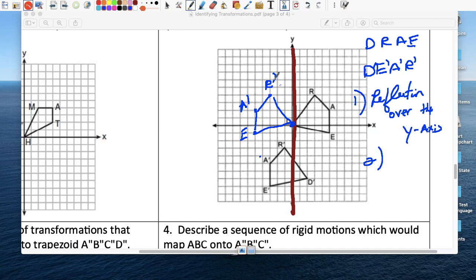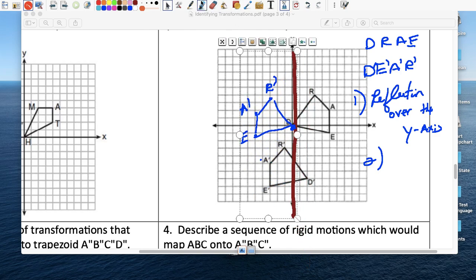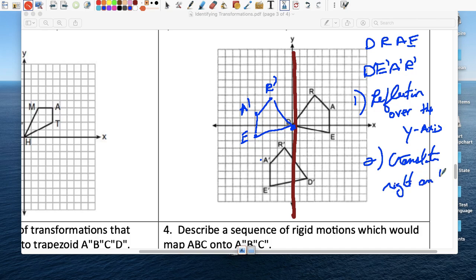And then number two, notice that now I can take this guy over here and move him a little bit to the right and some units down, and look how it ends up. So the second part would be a translation to the right and down. I'm not going to count it, but that's what we would do.